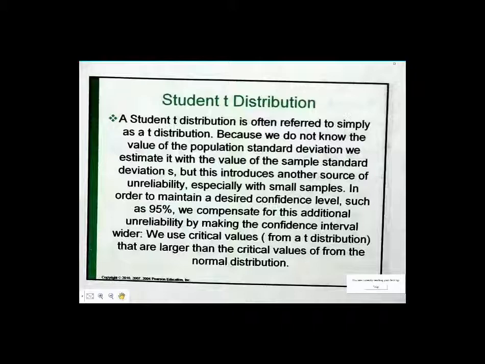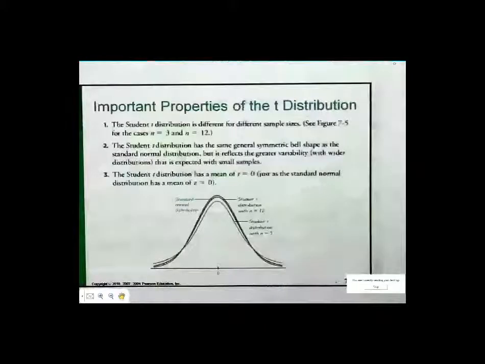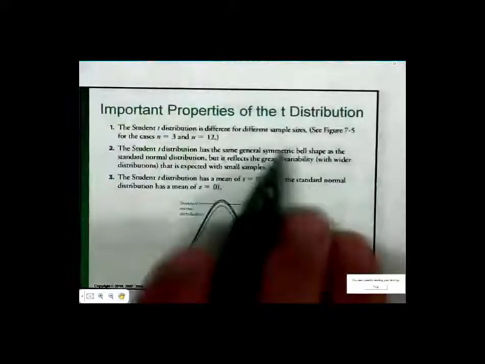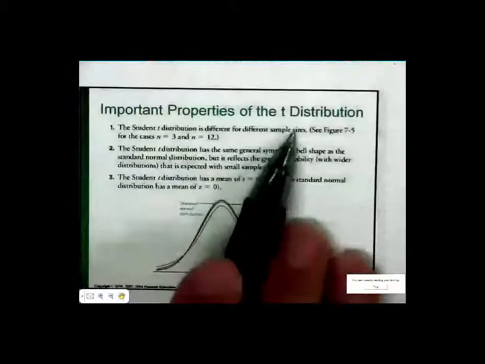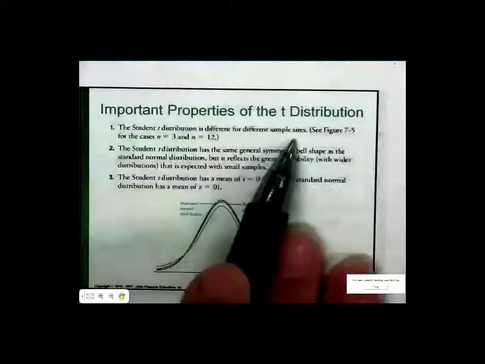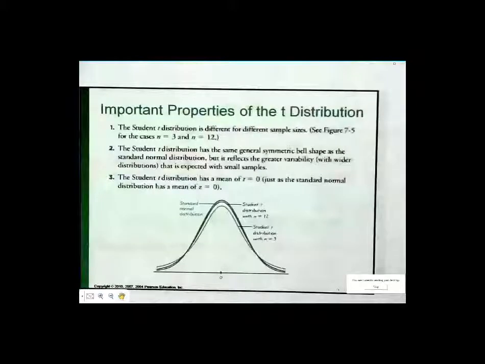Important properties of the t-distribution. It's different for different sample sizes. Whew, I talk a lot in a day. The larger the sample size, the closer it gets to being just a normal distribution.